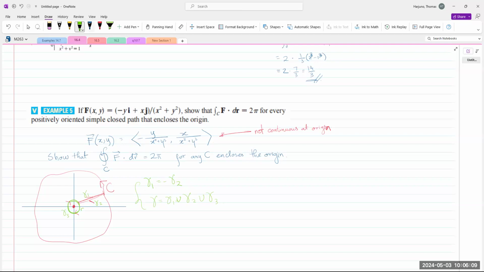Now consider the curve C union gamma. It encloses the region inside C but outside of that circle.